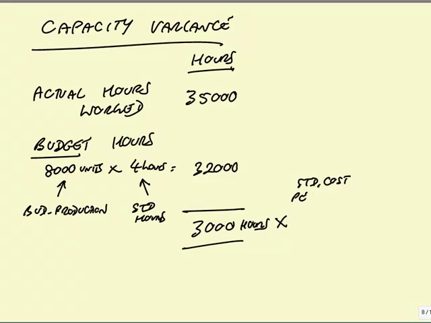Again, the number is obviously just rules, but is it favourable or is it adverse? It's favourable. Use the same logic as before, that here we've had more hours. If you've got more hours available, you can make more units.